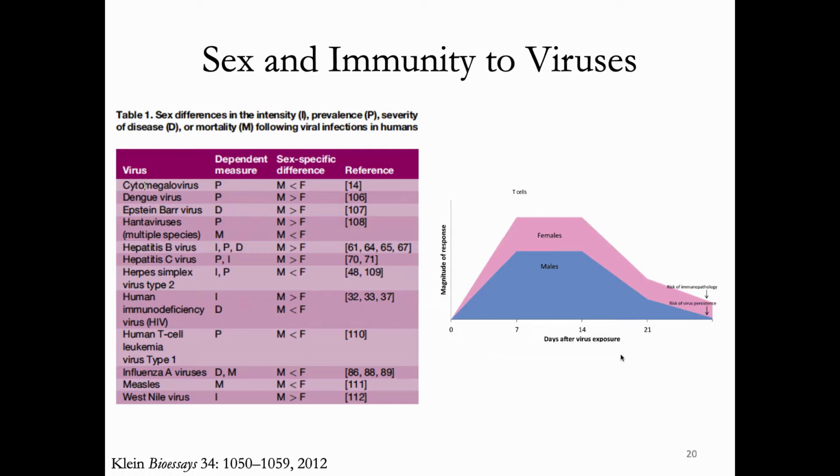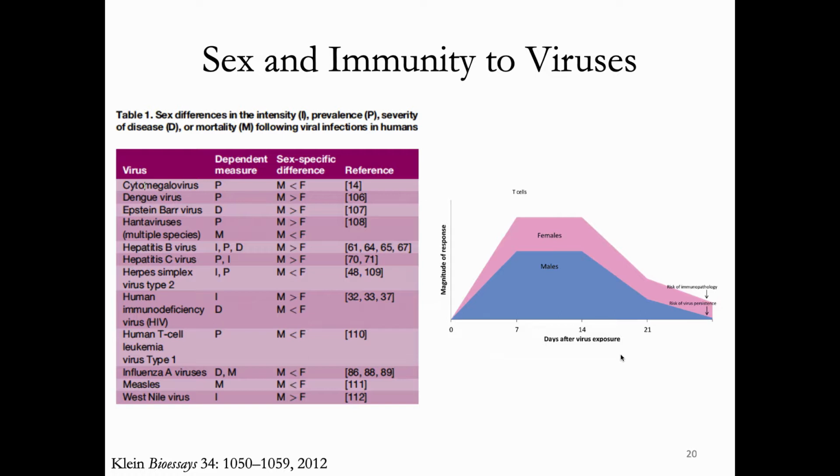And so you can see that here in terms of differences in virus infection. You can see it on the right-hand side in sort of a graphic form. And what that means is that in men, there may be more risk of the virus sticking around and persisting because their responses are lower. They're not getting rid of the virus as well.